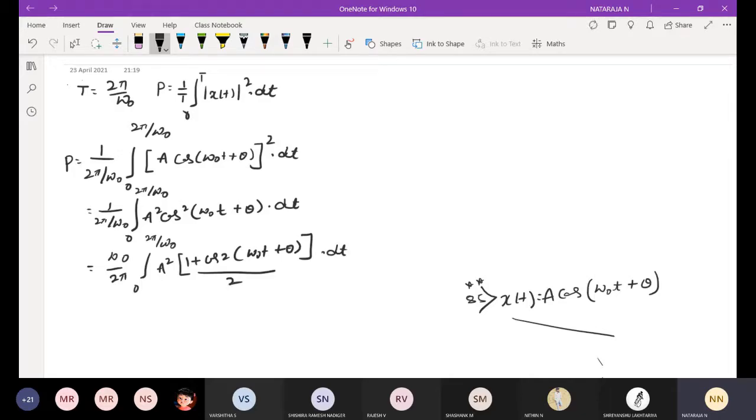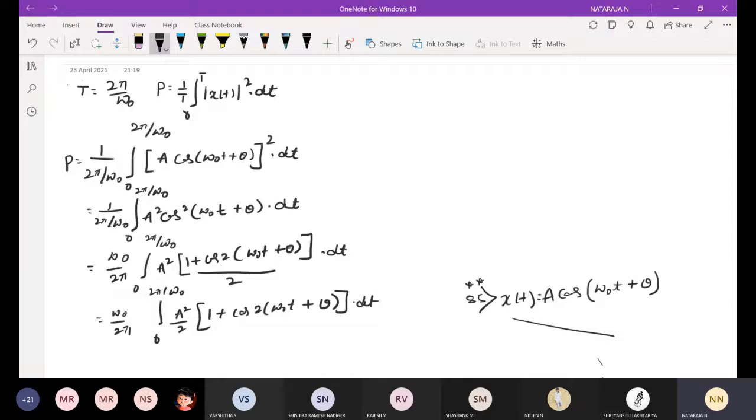Then omega naught by 2 pi integral from 0 to 2 pi by omega naught, I can take 2 outside, a square into 1 plus cos 2 into omega naught t plus theta into dt.